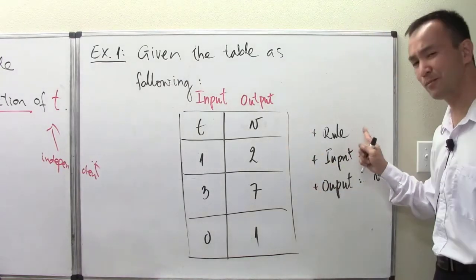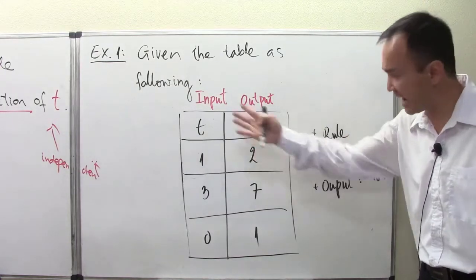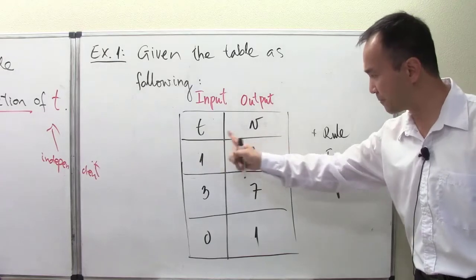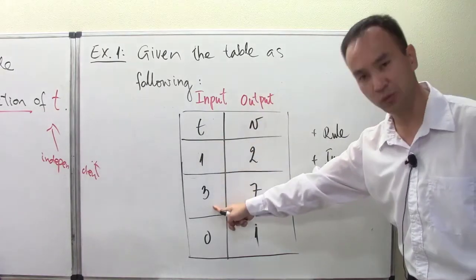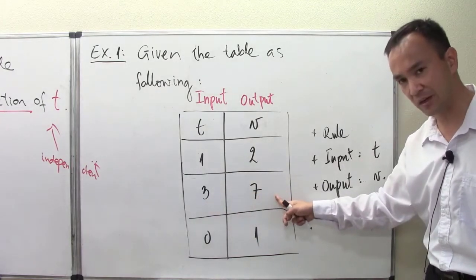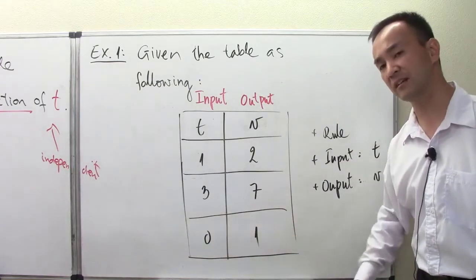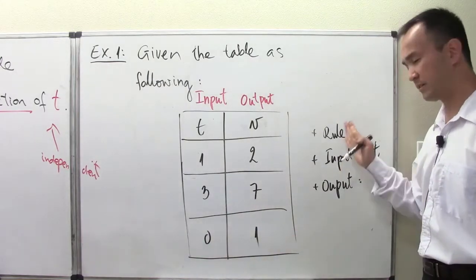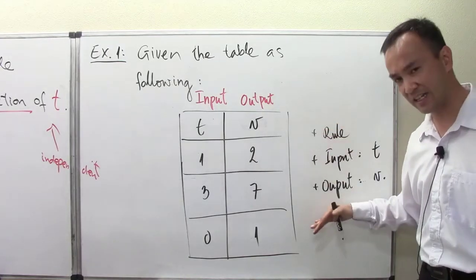Just simply because it has a rule. Apparently there has to be a rule somehow that brings these inputs to land on those outputs. Whatever that rule says, it brings the 3 and lands that into an output 7. And it brings this input 0 and lands that into the output 1 right here. So there's always a rule that takes an input and lands it into an output.